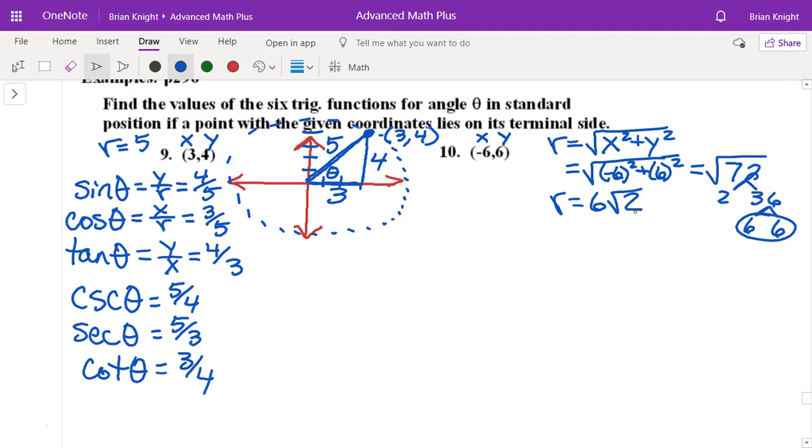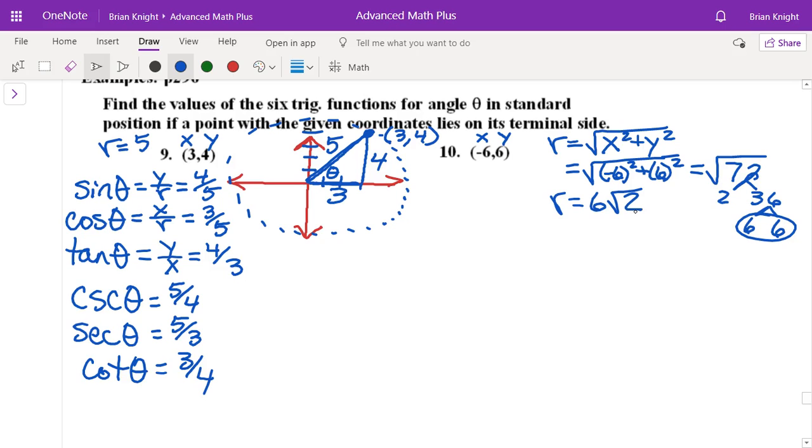Now, I knew that before y'all knew it because I teach math, okay? But if I didn't teach math, I could still have known that. How could I have known that? What kind of triangle am I dealing with here? A right triangle. What kind of right triangle? A 45, 45, 90. How do I know it's 45, 45, 90? Because the legs are what? Equal.